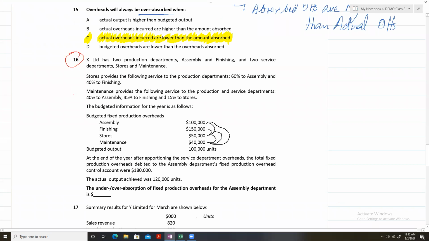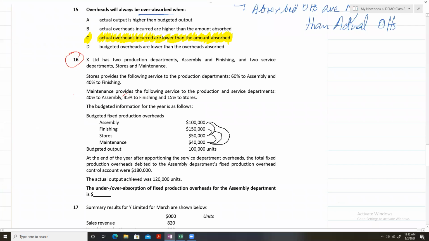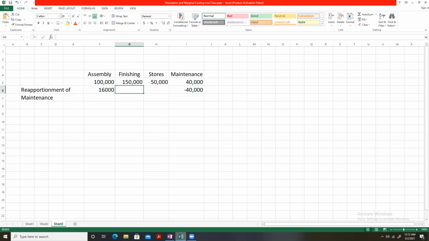So 40% of this 40,000 should go to assembly. 45%, 0.45 of this 40,000, should go to finishing, and the remaining 15% should be added to the stores department.